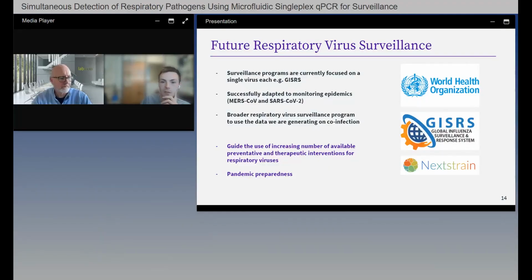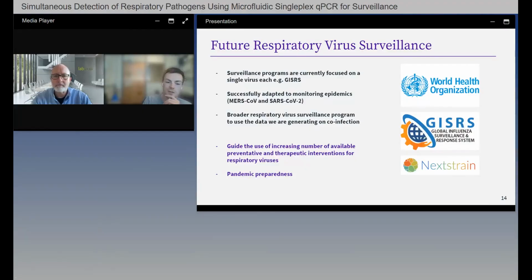And also I've put Nextstrain there because Nextstrain did a very good job of strain tracking, especially during the COVID pandemic. And although this is just PCR detection, it can feed into sequencing.